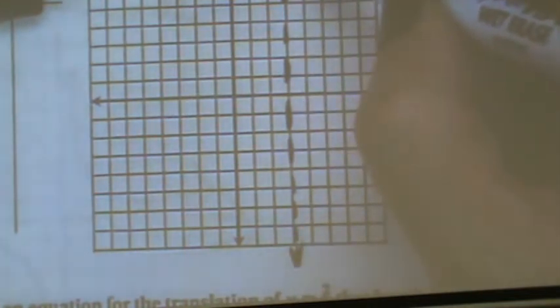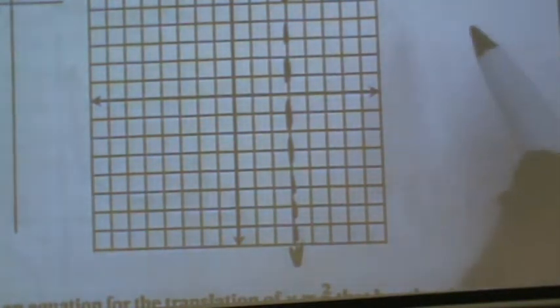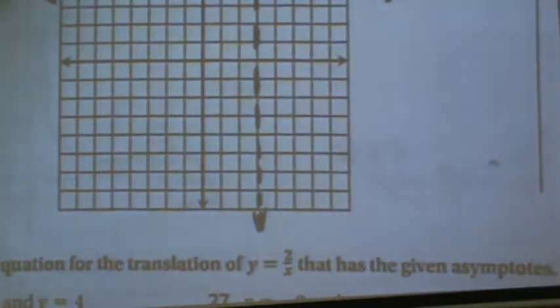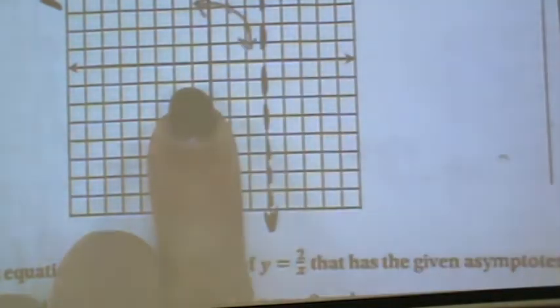X equals 3 and y equals 4. And then from there, you're gonna go over 1 up 2, over 2 up 1, and draw your branch. And you're gonna go over 1 down 2, and over 2 down 1, and draw your branch. Easy?